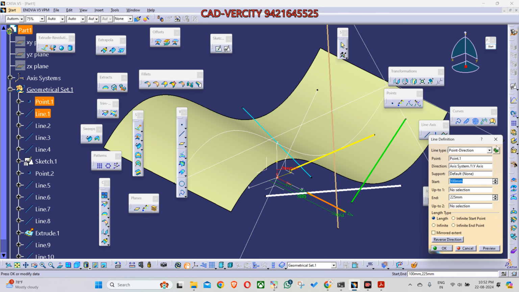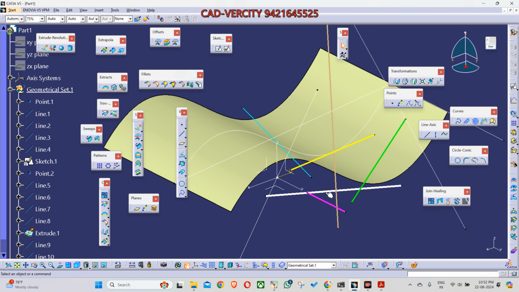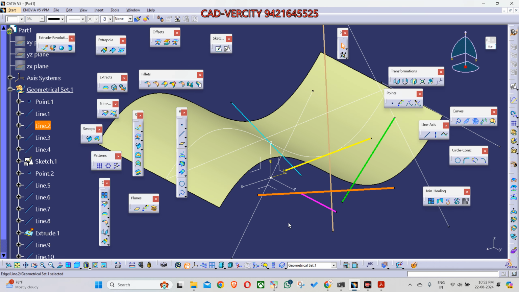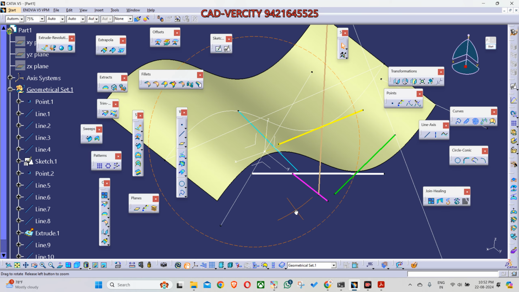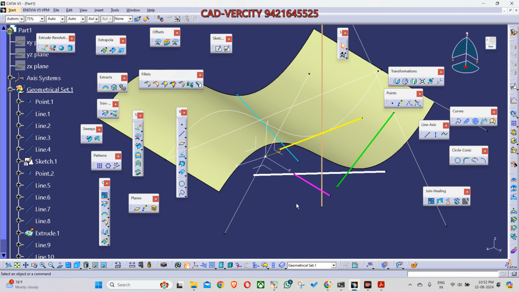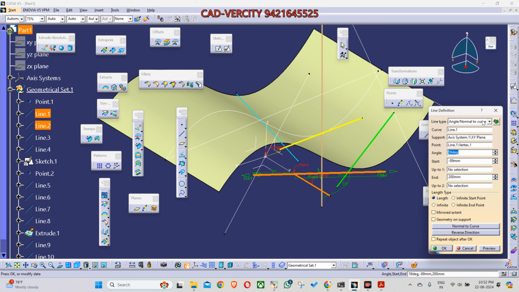Now tell me which option we select for the white line. Angle or normal to curve. Angle normal to curve. Double click. See, angle normal to curve.